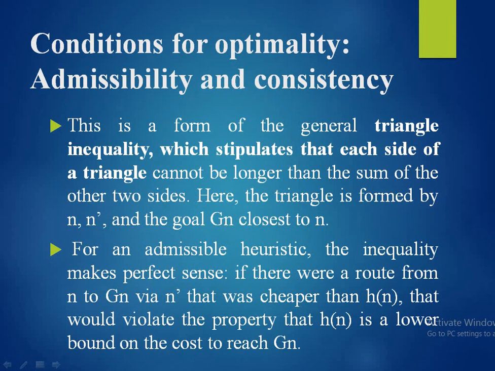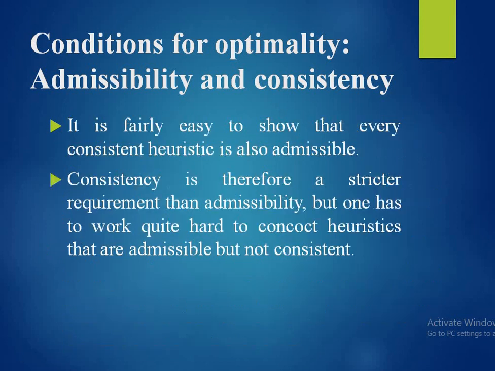For an admissible heuristic, the inequality makes perfect sense. If there were a route from n to g of n via n dash that was cheaper than h of n, that would violate the property that h of n is a lower bound on the cost to reach g of n. It is fairly easy to show that every consistent heuristic is also admissible.